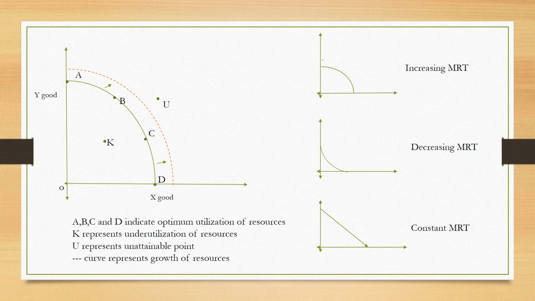So when the economy uses all its resources, then the economy will lie on any of these combinations A, B, C or D. Now point K shows underutilization of resources. So the economy will operate at any point inside the PPF like K if resources are not fully and efficiently utilized.